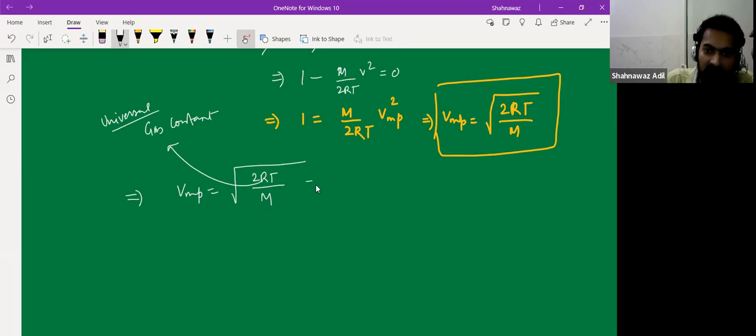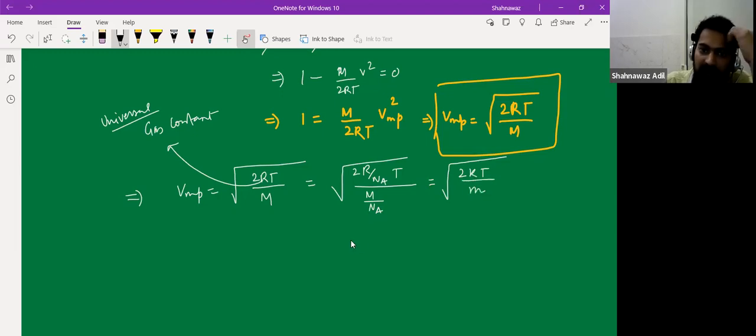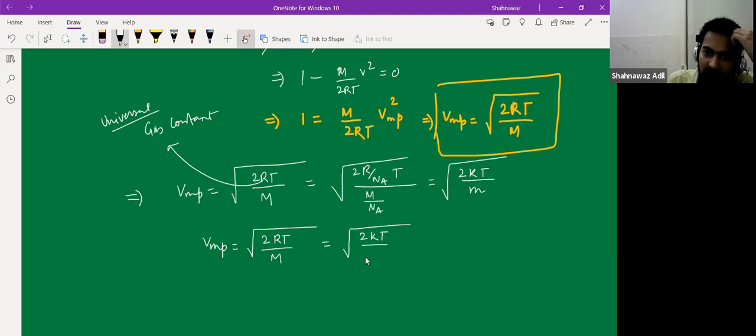So when you divide R by the Avogadro number, and when you divide the molar mass by the Avogadro number, you will get the mass of each molecule, small m. So most probable velocity is root of 2 RT by M, or you can write root of 2 kT by small m, right? Understood, guys?